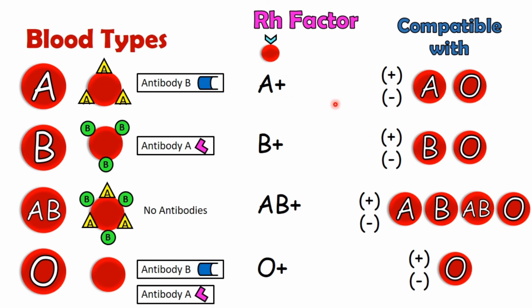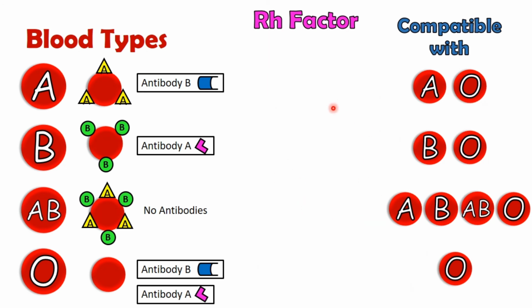But if we have blood that doesn't have the RH factor, it means all of our blood will have the negative sign. Such as blood type A, if there is no presence of the RH factor, it means blood type A will become A negative. So what will it be compatible with?